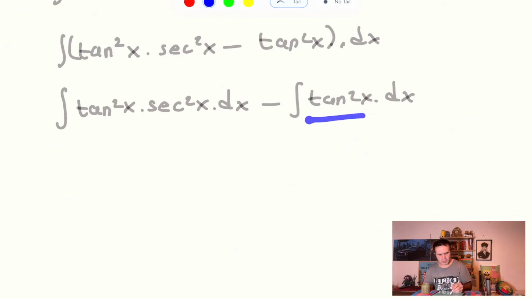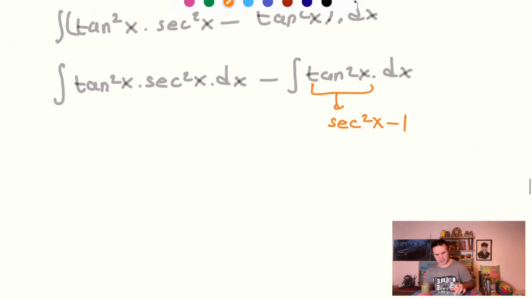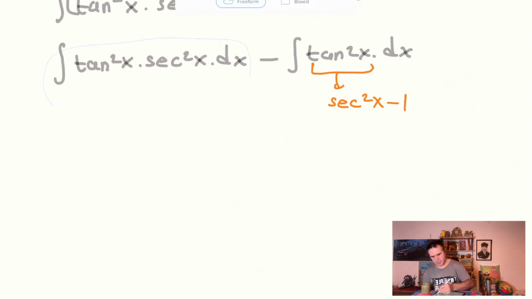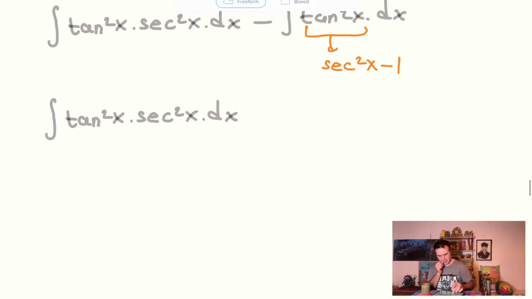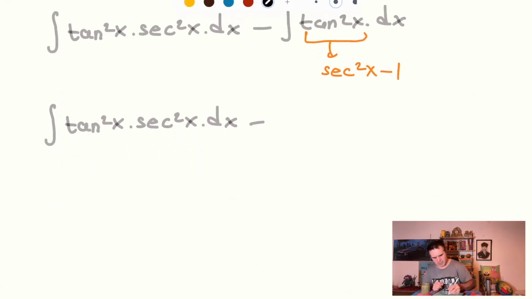And for this part, tangent square of x, I will make again a reduction. To make the reduction, I will say that tangent square of x is equal to secant square of x minus 1. Then the integral will become, let's take it down, minus the integral of secant square of x minus 1 dx.